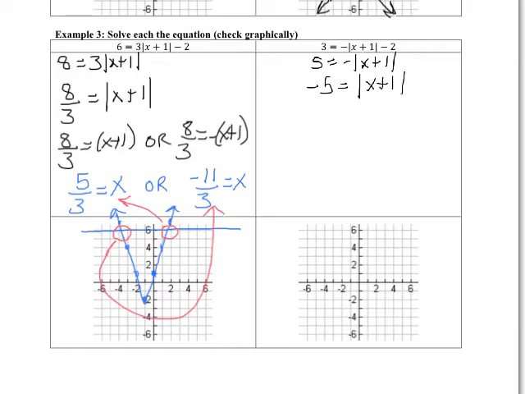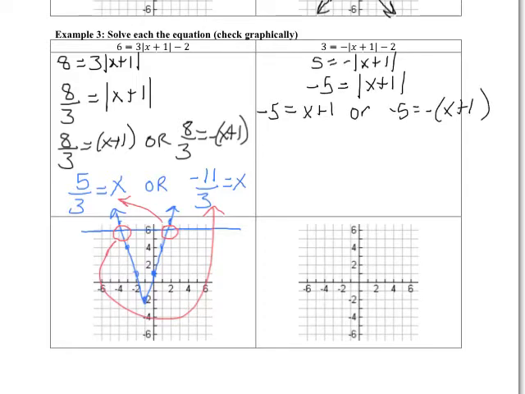From there, I can split my absolute value expression into two different equations. Either I have -5 is equal to x plus 1, or I have -5 is equal to negative x plus 1.